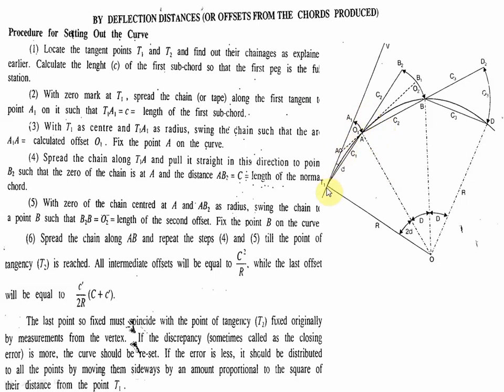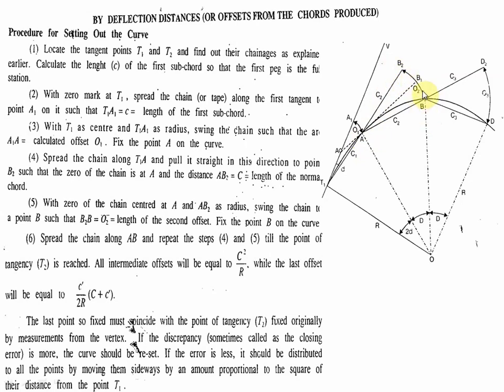Next, spread the chain along T1A and pull it to point B2. Again keep the 0 end of the tape on A and take AB2 as the radius. Swing the tape to mark the point B. How will you swing the tape?